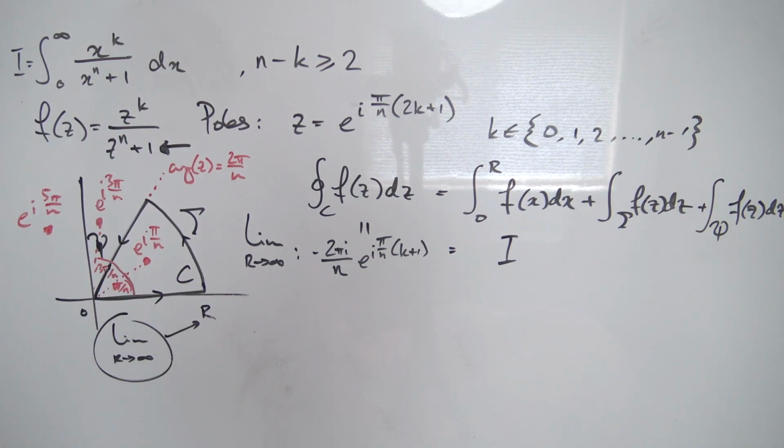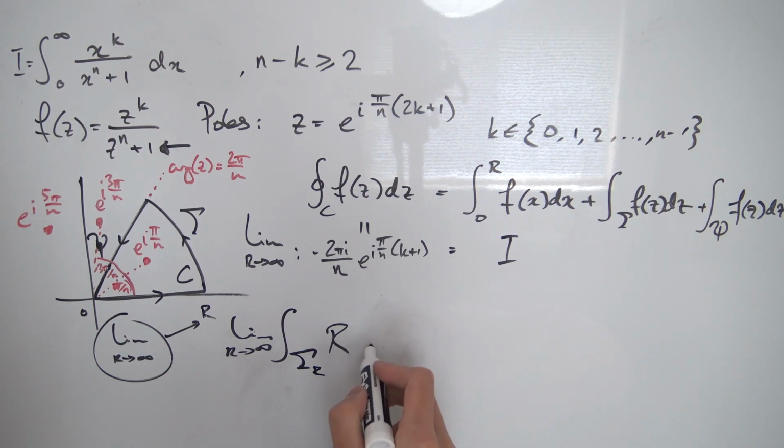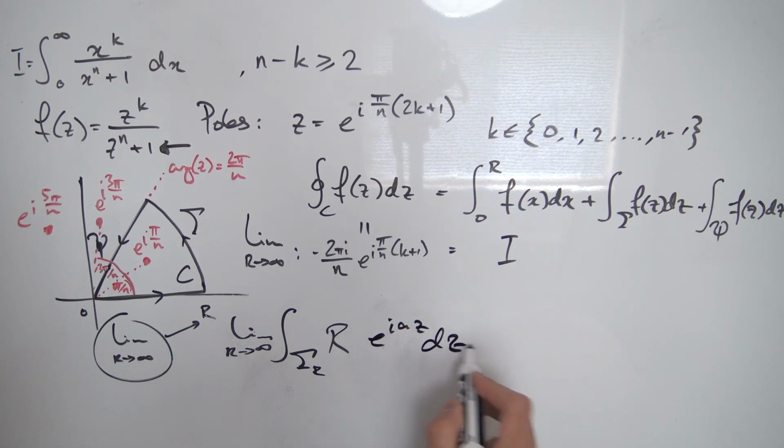It's really not too difficult to do, and it's also a case of Jordan's lemma, because Jordan's lemma says that if you have the integral over some arc gamma R, and you have the limit as R approaches infinity, and you have some rational function R times some kind of exponential function, something like e to the i a z dz.